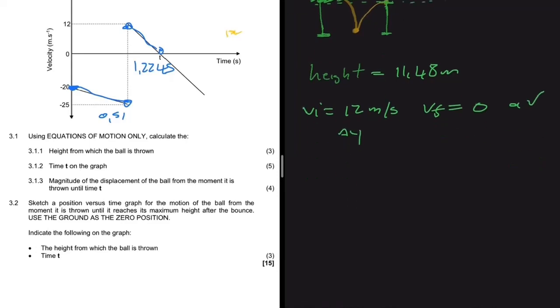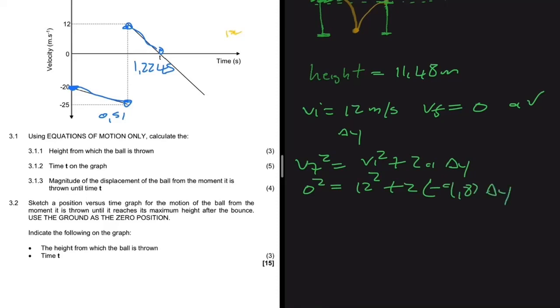So which equation of motion can we use? We're going to use VF squared is equal to VI squared plus 2a delta y. So VF squared, we have 0 squared, which is equal to VI squared. So that's 12 squared plus 2 multiplied by minus 9.8 delta y. It should be obvious.